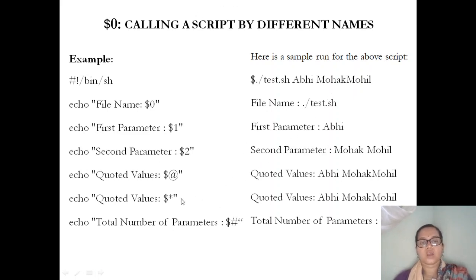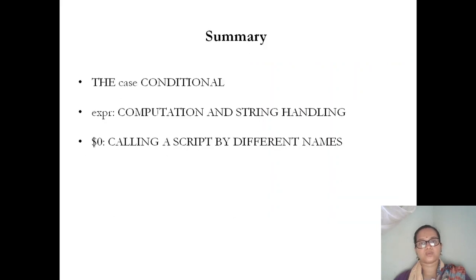This is how you can work with positional parameters. Even if I say $0, that will be my current script which is running, that is nothing but test.sh. I hope you have understood this concept.